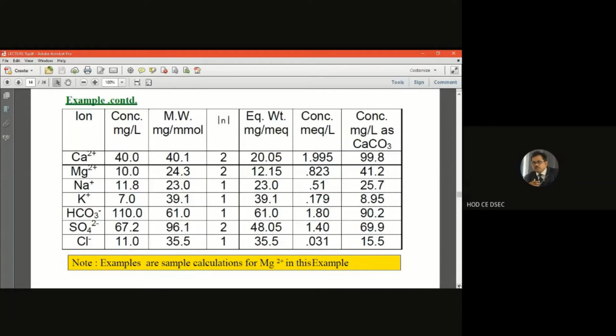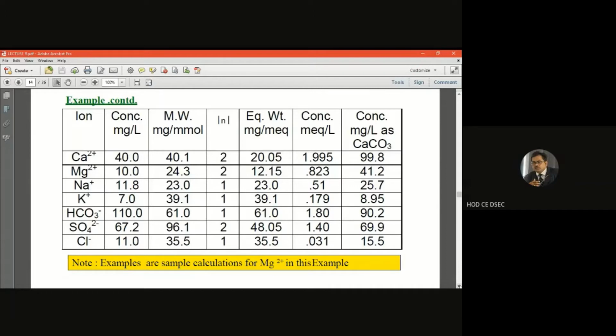Again I am telling this for clearing your confusion: concentration in milliequivalent per liter is nothing but the concentration in milligram per liter divided by the equivalent weight, which is milligram per milliequivalent. So milligram will be omitted from numerator and denominator. Ultimately it will give milliequivalent per liter.